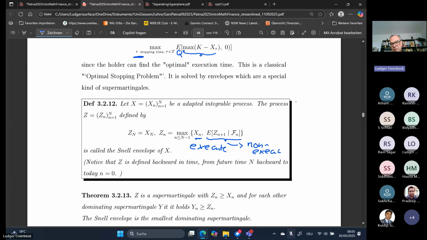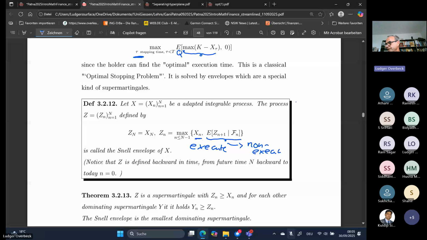What we are now doing is to find a maximum of a payout function. If we don't have a stochastic problem, for the American option we have just one path.